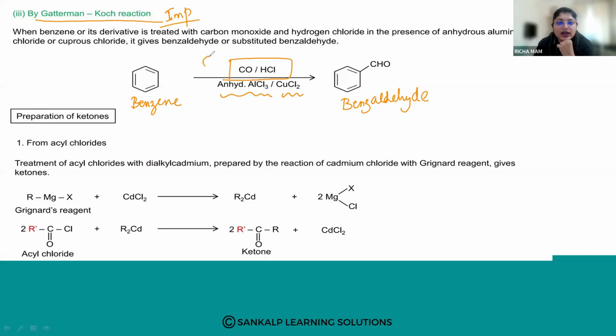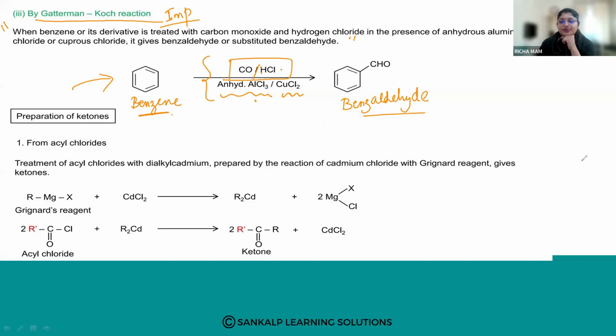If a question is asked, explain Gattermann-Koch reaction or explain Rosenmund reaction, you have to give the explanation and also give the reactions. Write benzene, carbon monoxide in the presence of HCl, anhydrous AlCl3 and cuprous chloride will give you benzaldehyde. Like this, it should be mentioned.